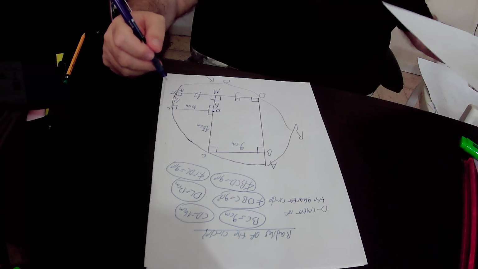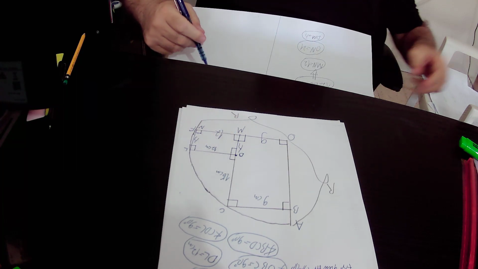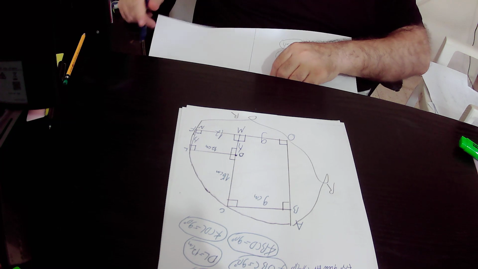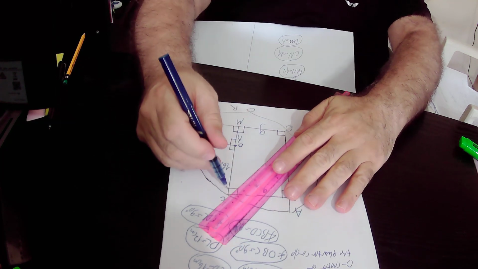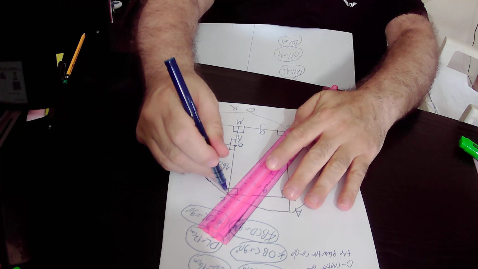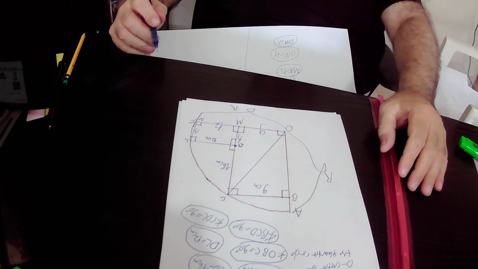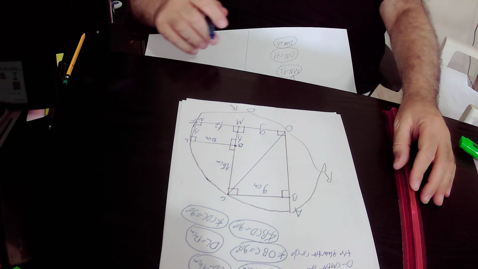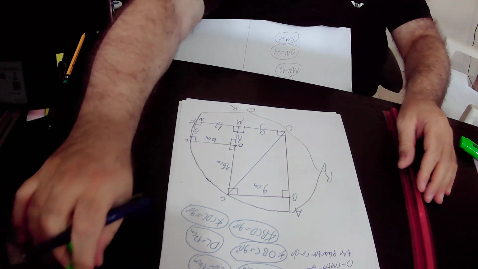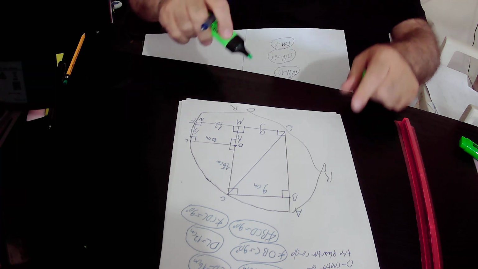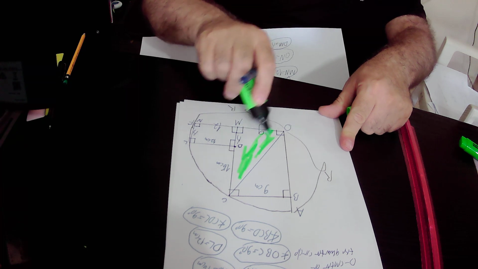In the next step, we will join points O and C together by a straight line. By joining points O and C by a straight line, we created here the right triangle OMC, the right green triangle OMC.